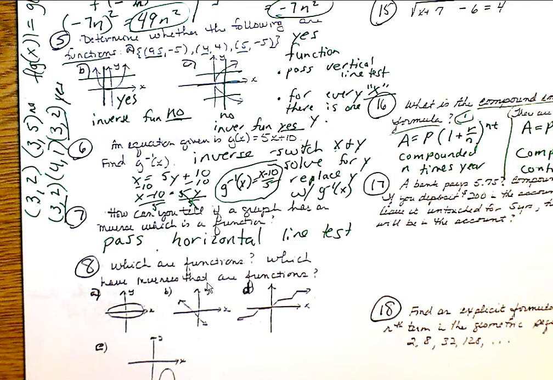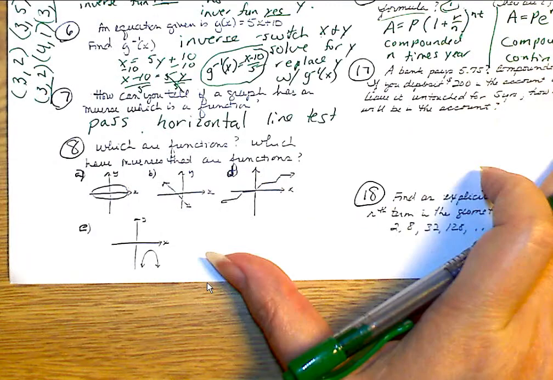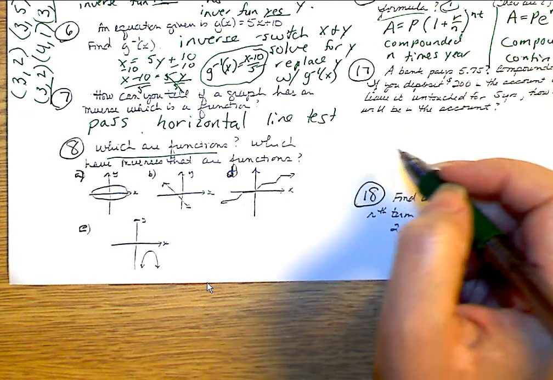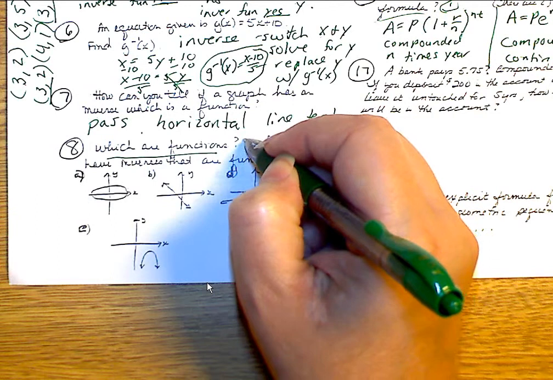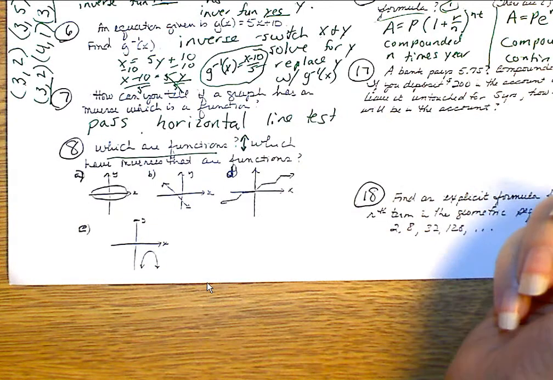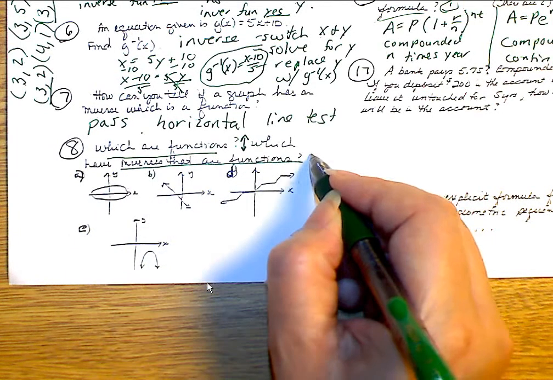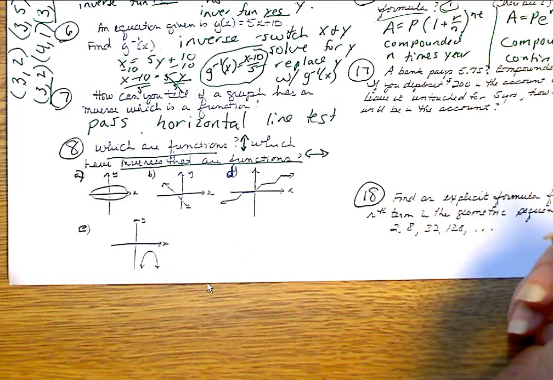Remember, it says which of these are functions. To be a function, what has to happen? It has to pass the vertical line test, hitting it only once. For the inverse to be a function, it has to pass the horizontal line test, and it only can hit it once.